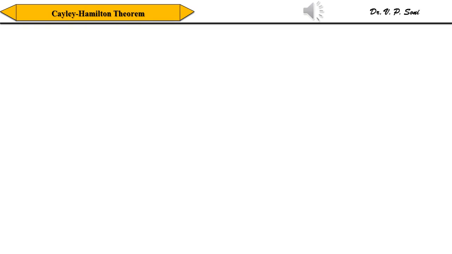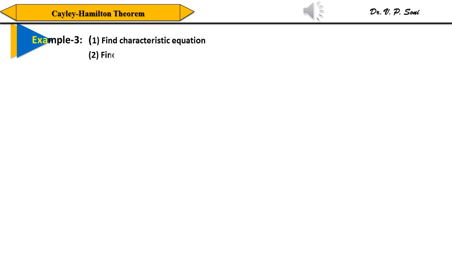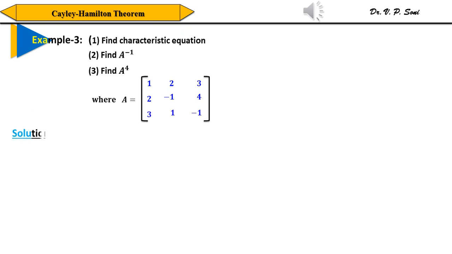Let us take a third example. First find the characteristic equation, second find A inverse, third find A raised to 4, where A is the matrix whose first row is 1, 2, 3, second row 2, minus 1, 4, third row 3, 1, minus 1. Solution: the characteristic equation is determinant of A minus lambda I equal to 0.